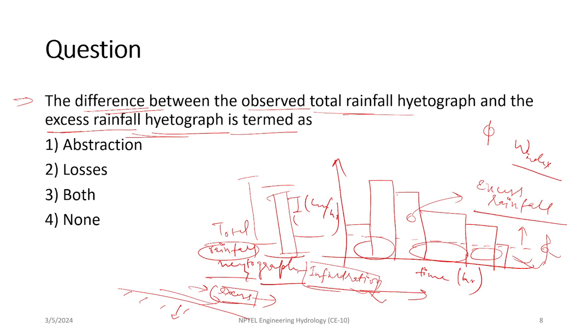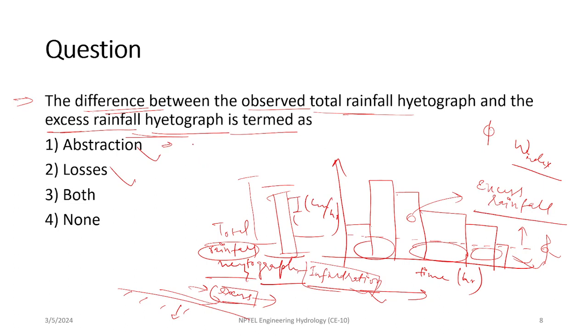Ashish, what could be the options now? Abstractions, yes, you are right. Definitely abstractions as well as losses. Why are we counting abstractions?